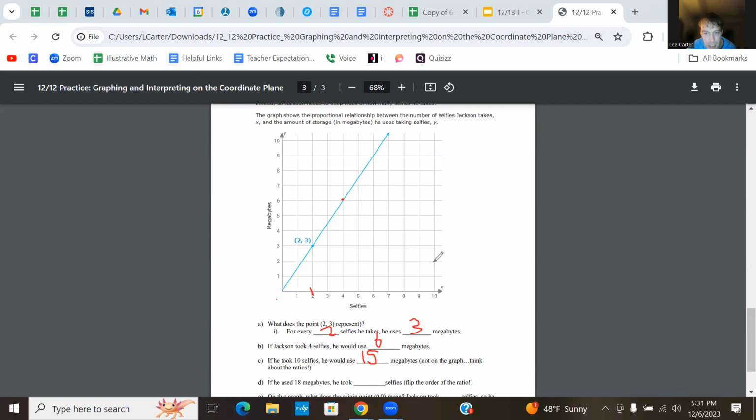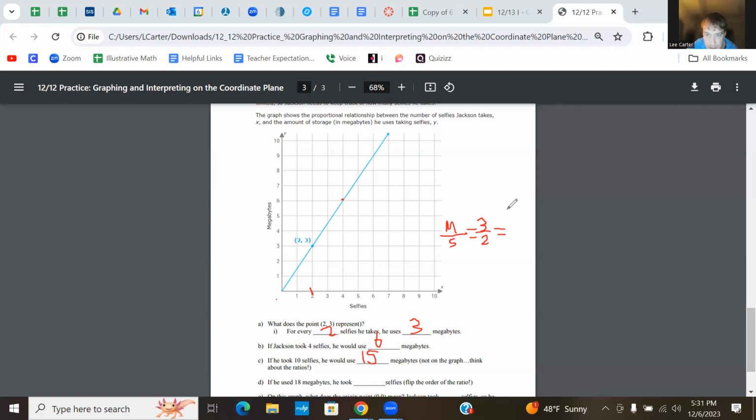All right, if you're like, how the heck did you get that? Okay, watch. So we got, I'm putting megabytes over selfies here. If you didn't do that, that's fine. Normally, you're going to put the Y over the X, even though it goes X comma Y. You'll see that a lot in future years. Okay, so 3 megabytes for 2 selfies.